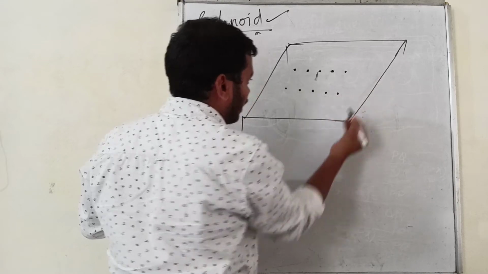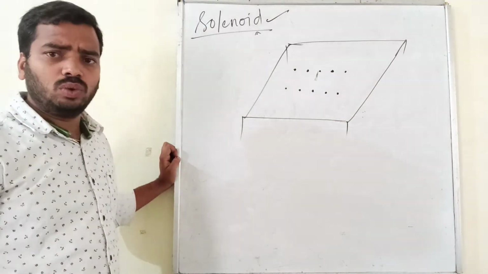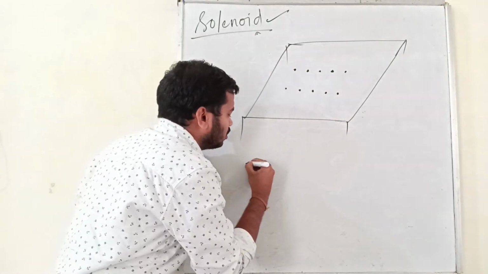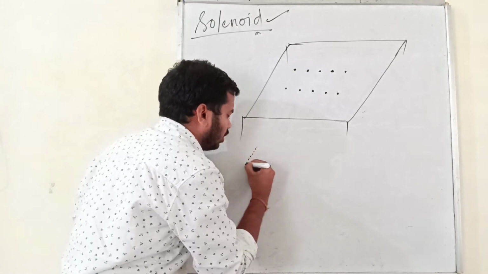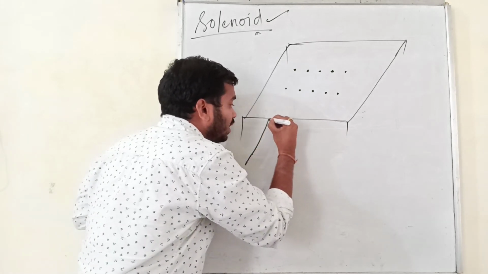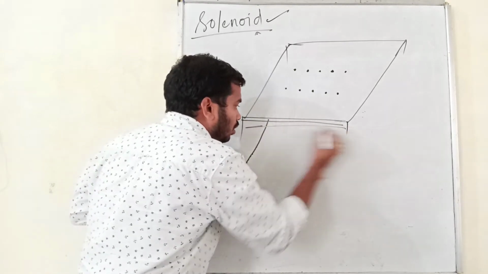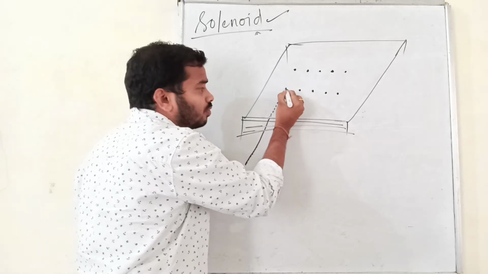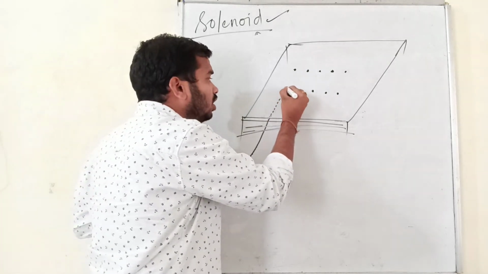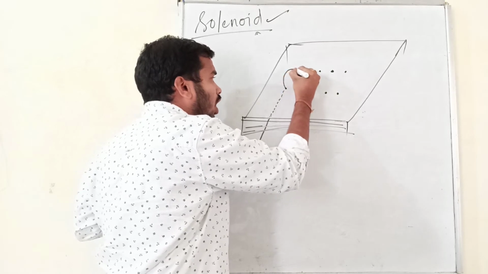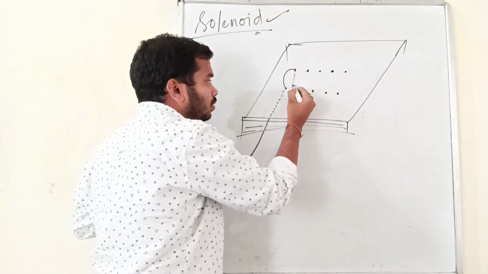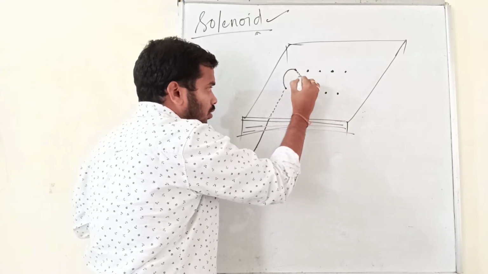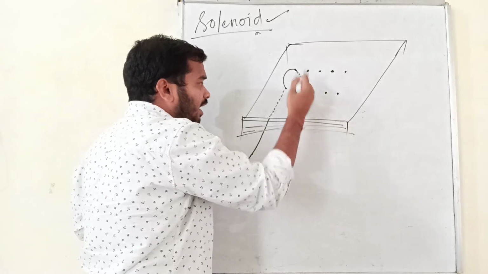To make the solenoid, how exactly are we going to do it? By placing holes similar to the circular loop, but you have to take this wire from beneath the table, pull it out from this hole, and ensure that it passes through another hole, and you take it out from that hole.